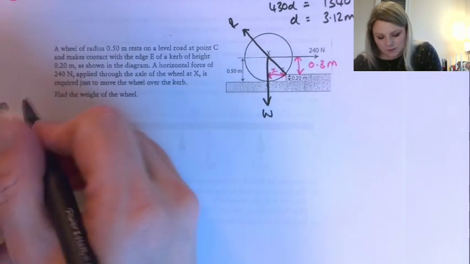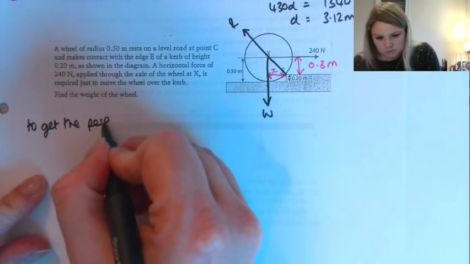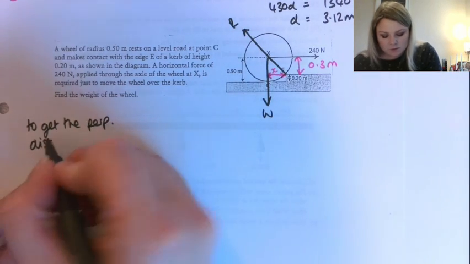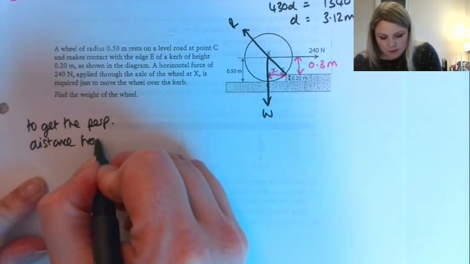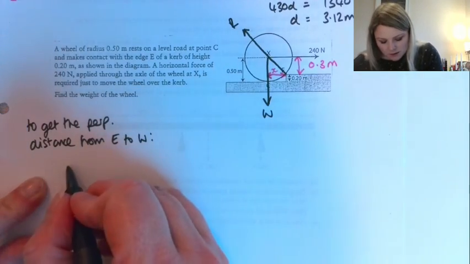So to get the perpendicular distance from E to the weight, I'm just going to redraw.